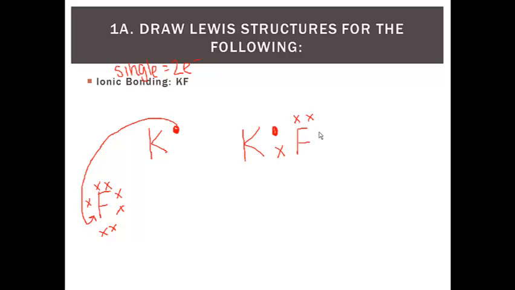So we fill these in. This right here is a single bond. Potassium, this is an ionic compound, so potassium is giving away an electron, making its charge +1. Fluorine gained an electron, making its charge -1.